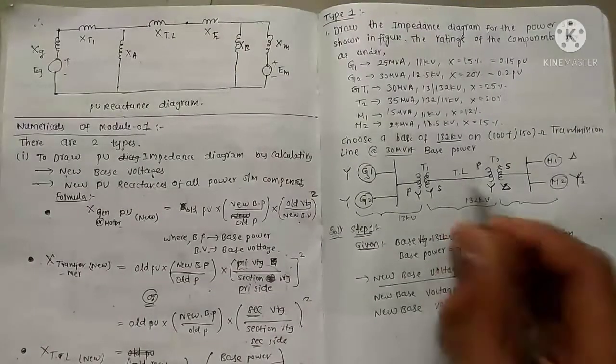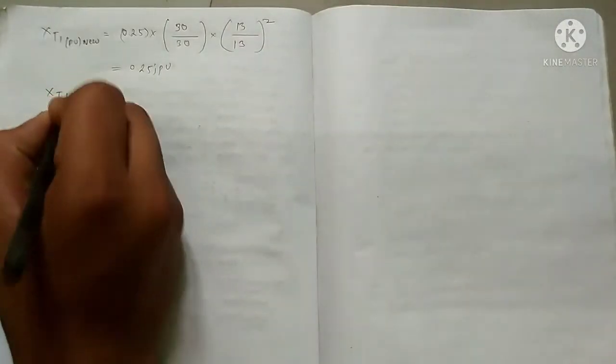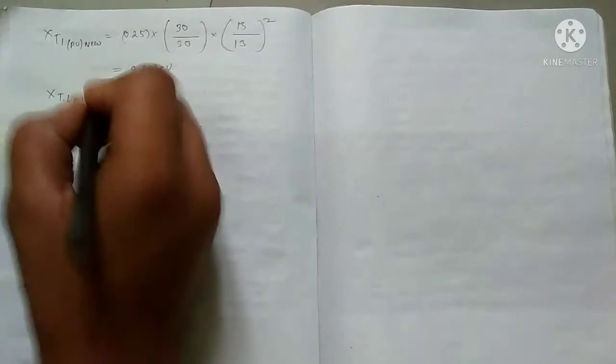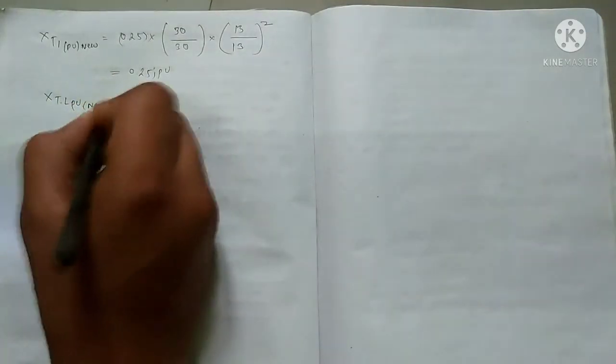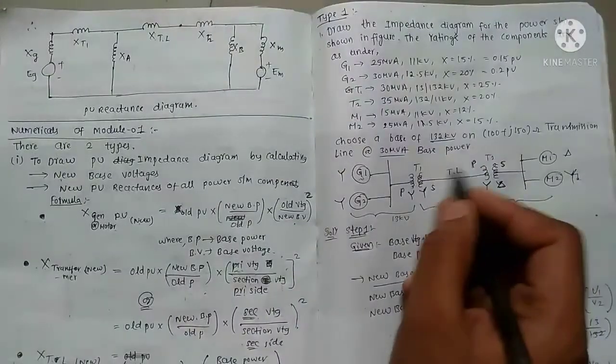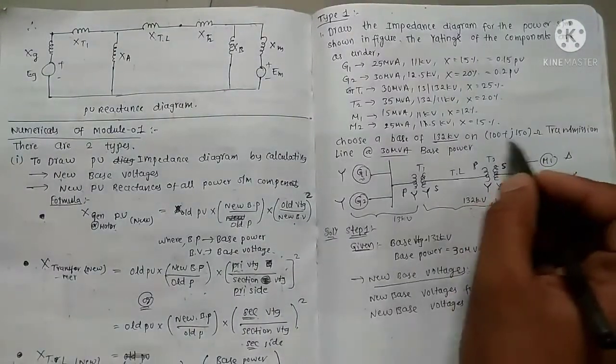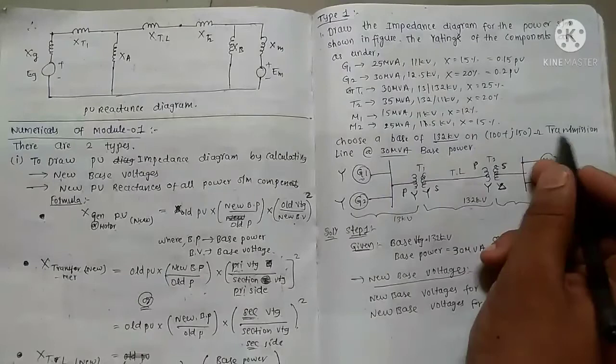Now we calculate transmission line reactance. XTL pu new is equal to the transmission line. Remember this transmission line they gave as 100 plus j150.